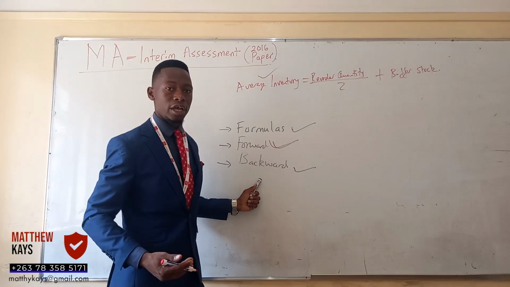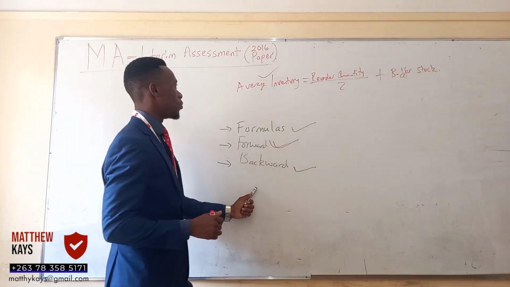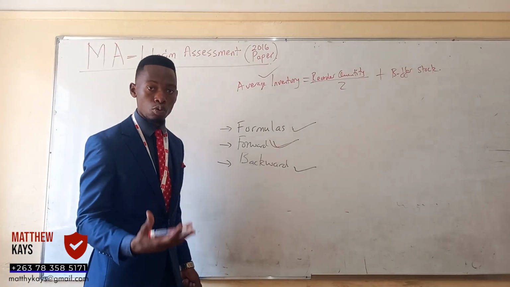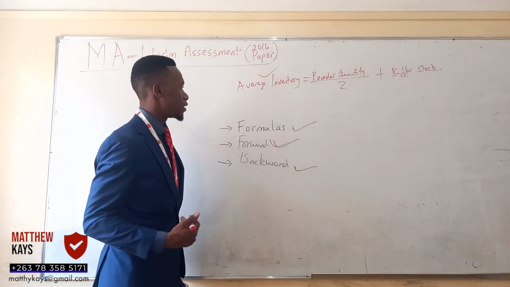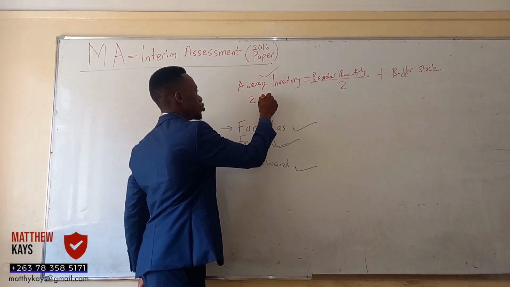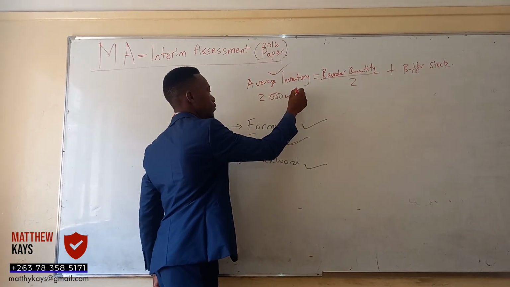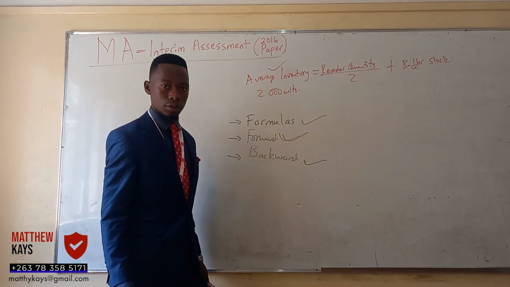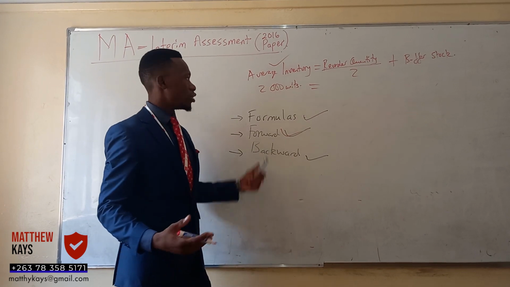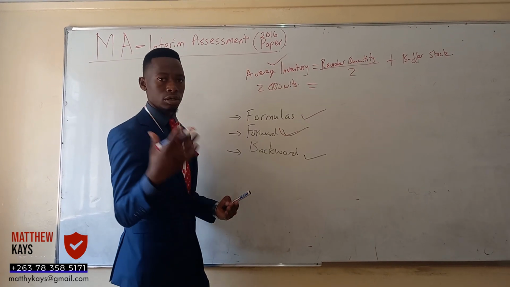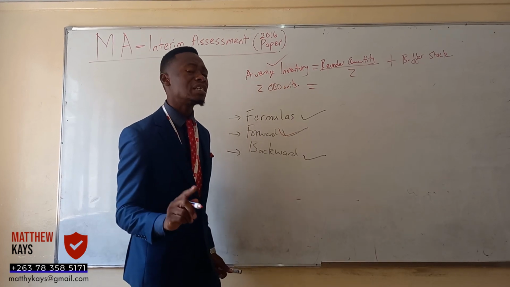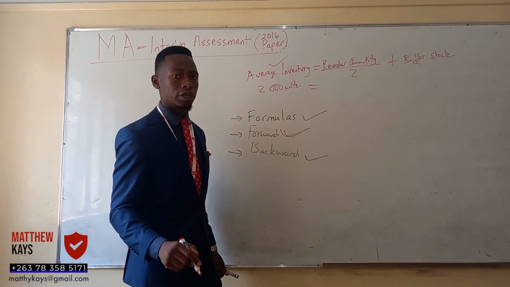The backward working, guys. You know that you can be required to calculate the average inventory, but the backward way is when, for example, you are given the average inventory they hold. Let's say the average inventory they hold is 2,000 units. In this case, when you are given the average inventory, you're not going to calculate it. So just know that there is something missing that should be calculated.